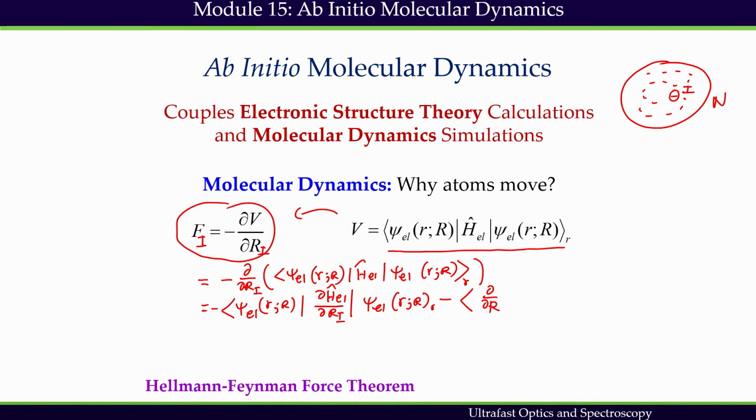With respect to the ith nucleus, we get the first derivative of psi electronic R, the electronic Hamiltonian, psi electronic R, minus psi electronic R, the electronic Hamiltonian.